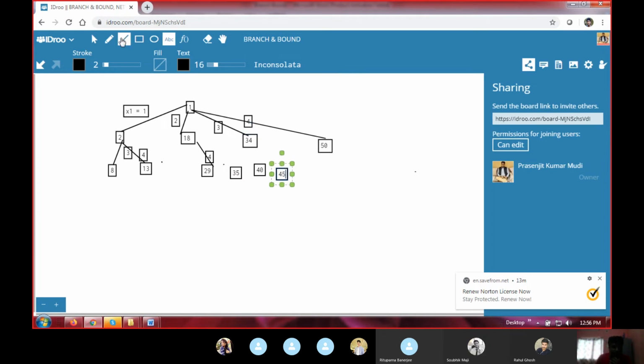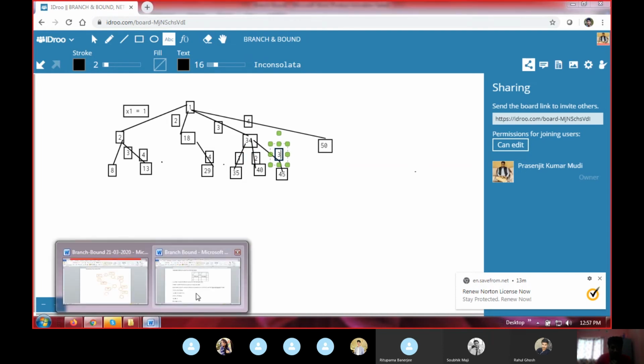Let me draw the edges. This corresponds to, already 3 was used, so it should be 1 here, x2 equal to 1, here x2 equal to 2, here x2 equal to 3.